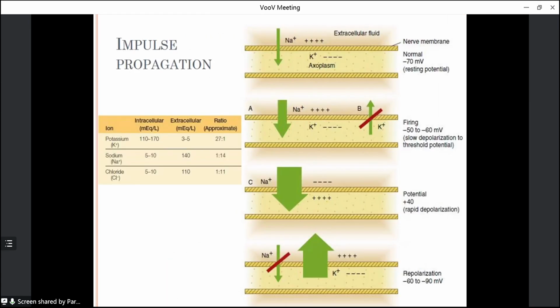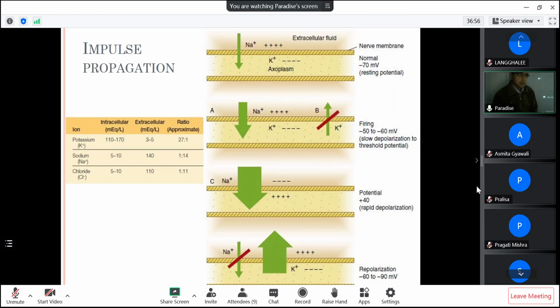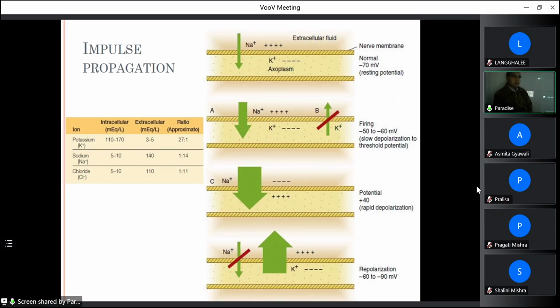If you see the physiology of impulse propagation, normally what happens? The concentration of sodium is more in extracellular fluid, and intracellularly the concentration of sodium is less. In contrast, just the opposite happens in case of potassium. The concentration of potassium is more intracellularly and it is less in extracellular fluid.